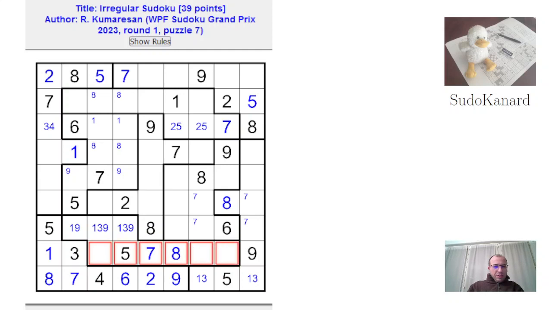This row still needs 2, 4, 6, and actually only 4 goes here. This column still needs a 1 and a 3. What next? This column, oh, this one here. Puts a 9 there, eliminates this option and puts a 9 there.